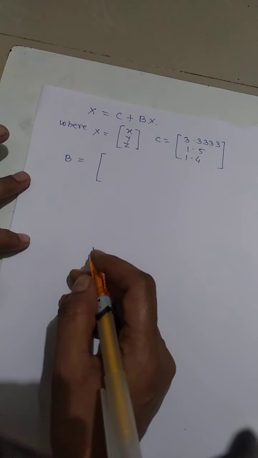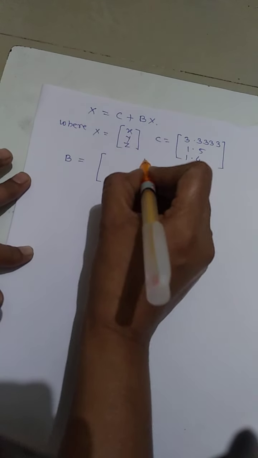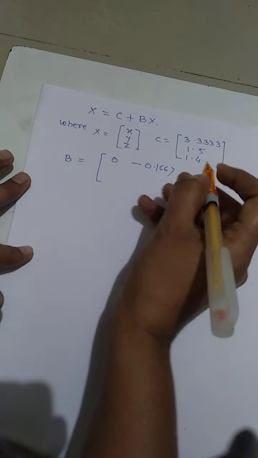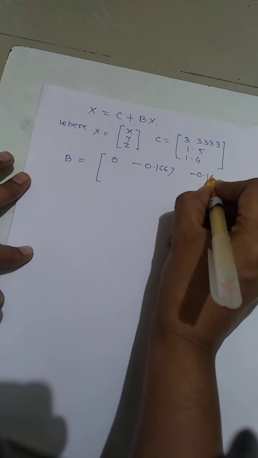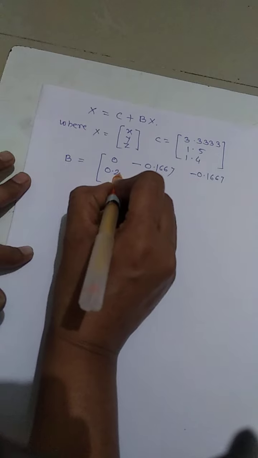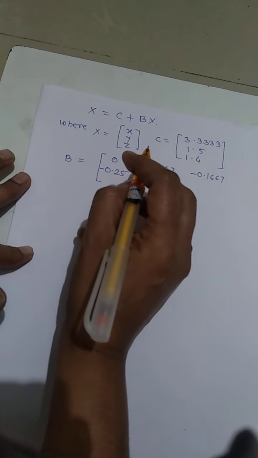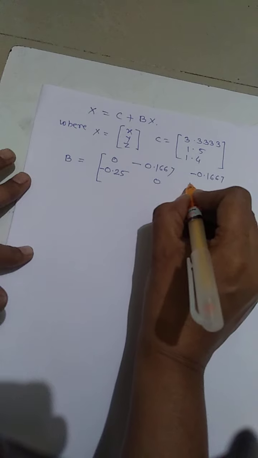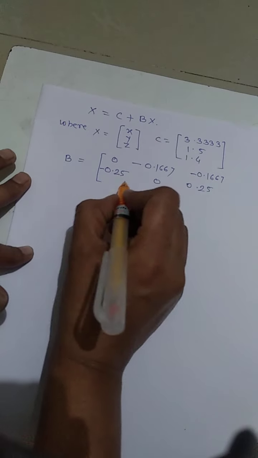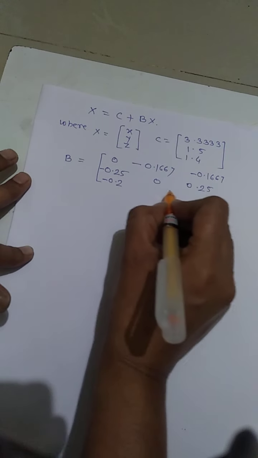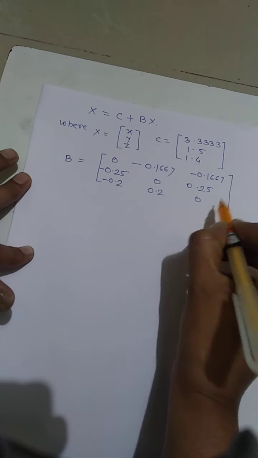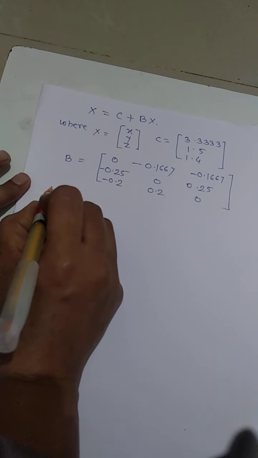In equation 4, the coefficient of x is 0, y is minus 0.1667 and z is minus 0.1667. In equation 5, the coefficient of x is minus 0.25, y is 0 and z is 0.25. In equation 6, x is minus 0.2, y is 0.2 and z is 0. This is b.